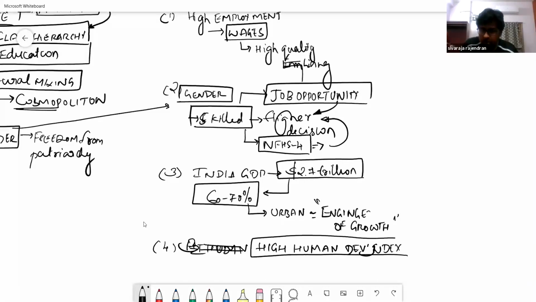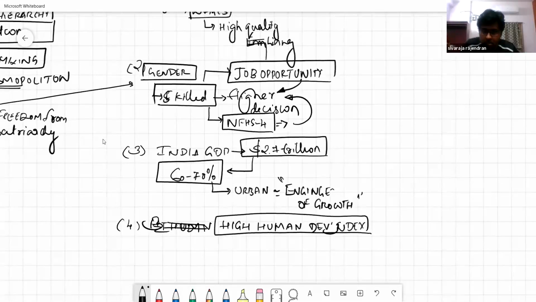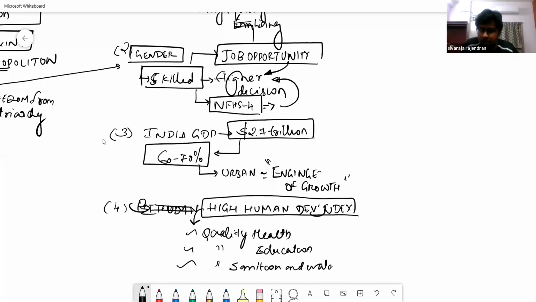Okay, high human development index, right? In this high human development index, so see, what does high human development index mean? It means good health care, quality health care. High human development index means quality health care, quality education, quality sanitation and water, correct?